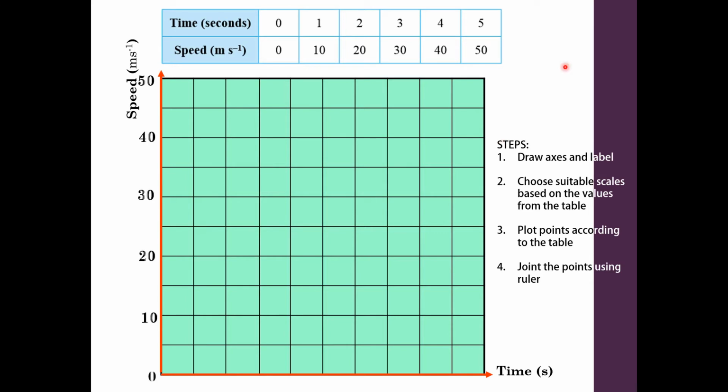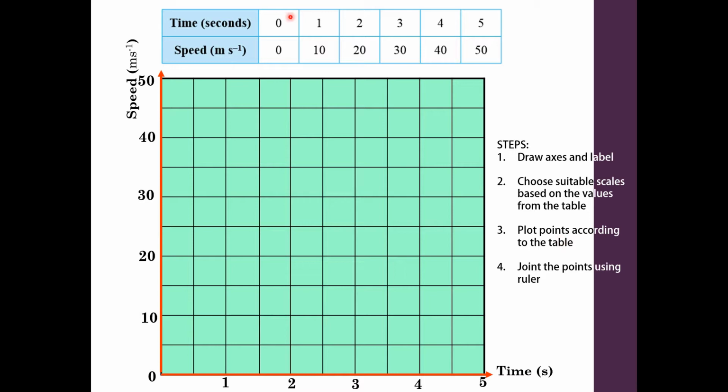Therefore, I already chose two boxes of grid equal to 10 for speed, and two boxes of grid on the horizontal axis for 1 unit. Dua kotak sama dengan 1 unit untuk x-axis, dua kotak sama dengan 10 unit untuk y-axis ataupun untuk speed.